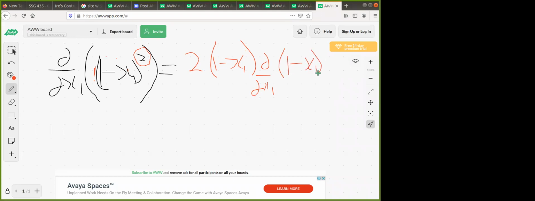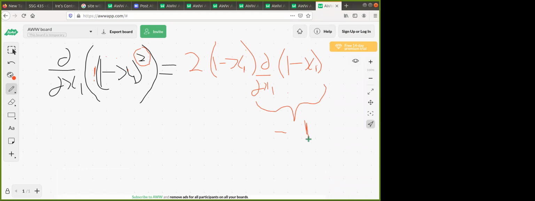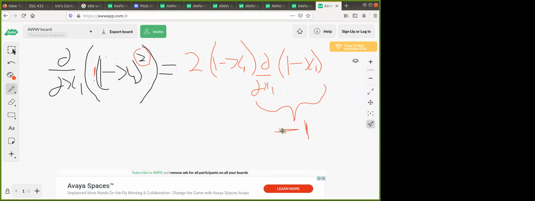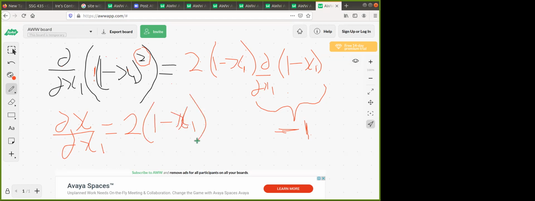I know differentiating this one with respect to x1 is going to give us this minus 1. I believe we're following. So now putting minus 1 here, it means this function here, the differential with respect to x1, is going to be equals to 2 times 1 minus x1, then this whole thing gives us minus 1 times minus 1.